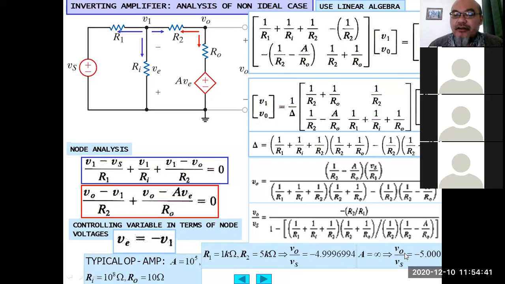So you see that the difference is not that much. For most calculations, we can use the ideal op-amp assumptions, unless you really need to calculate with very high accuracy, then you will need to use the complete circuit model, the non-ideal case.